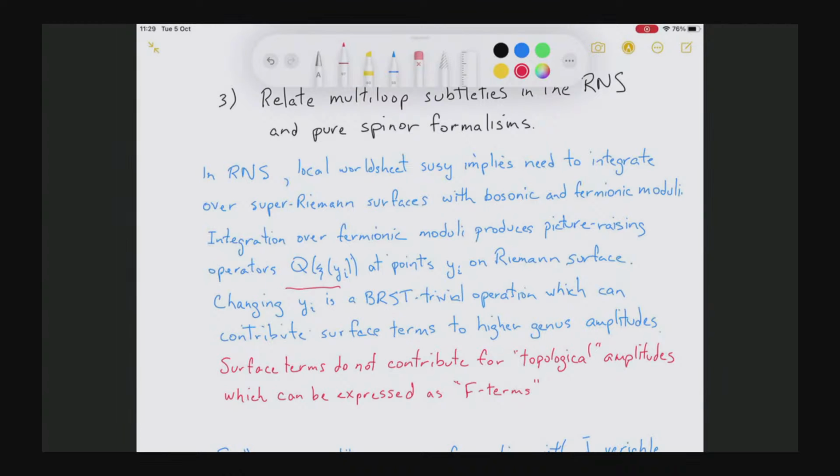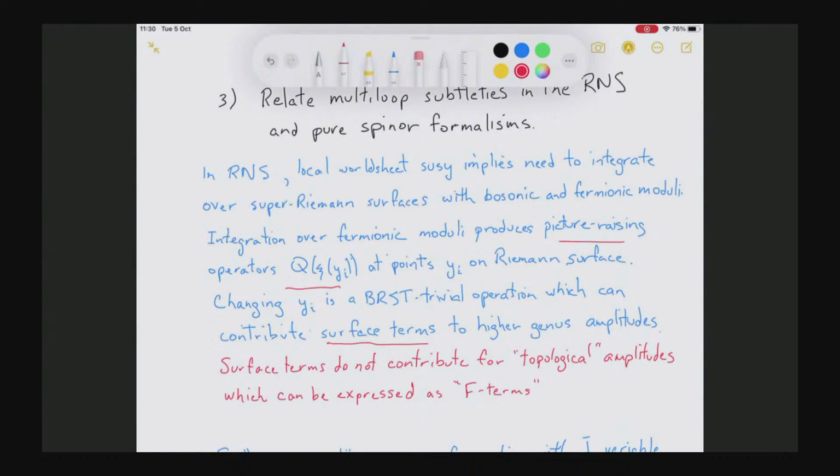Yeah, I think so. So that's essentially these subtleties that I was mentioning. One way to think about this non-splitness is these surface terms. The point is the relation of the integration over the fermionic moduli and the picture raising operators: if the space is split, then it's trivial to understand how to work with these picture raising operators.